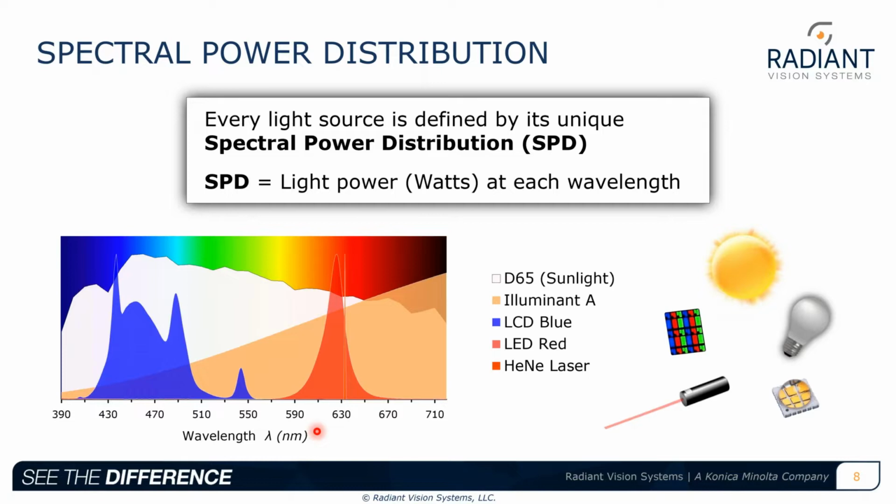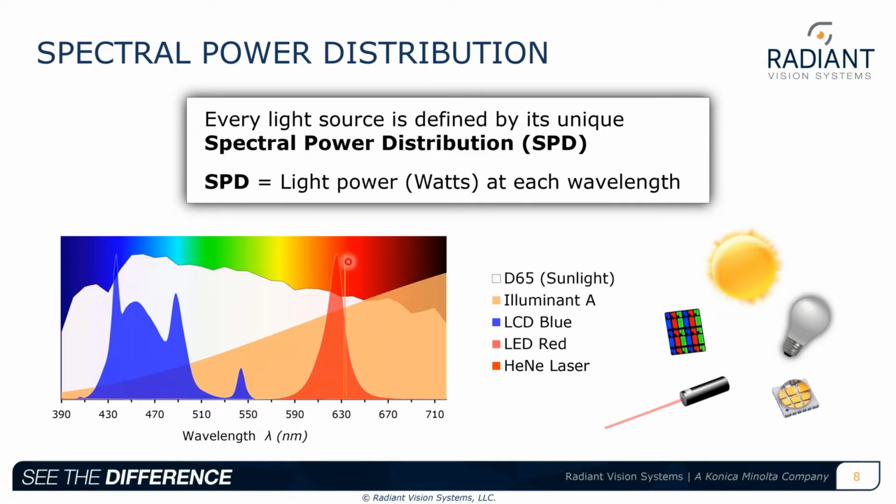When we're looking at these spectral power distributions, one thing you can notice is that some power distributions are very broad. For sunlight, which is white, we have output at basically every wavelength in the visual spectrum. Whereas something like LED red is very narrow, so we're only getting output from wavelengths between about 600 and 670 with a peak around 620 nanometers.